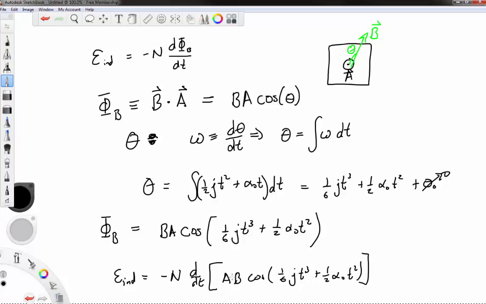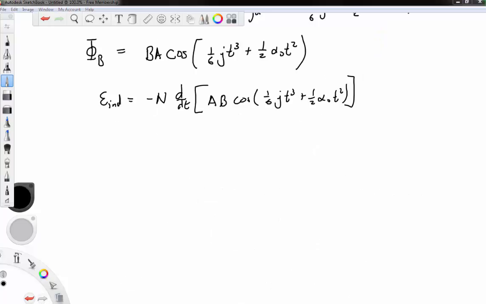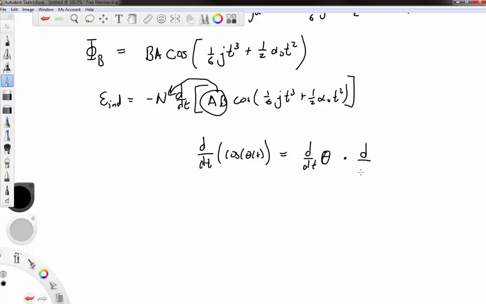So now we do a derivative of this. And you'll recall that to get a derivative of all this, for one thing, A and B are both constant, so they can actually move outside of the derivative. If you want to do the d by dt of cosine of theta of t, you basically are going to get d by dt of theta times d by d theta of cosine theta.